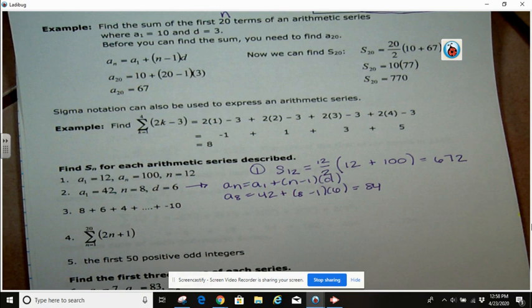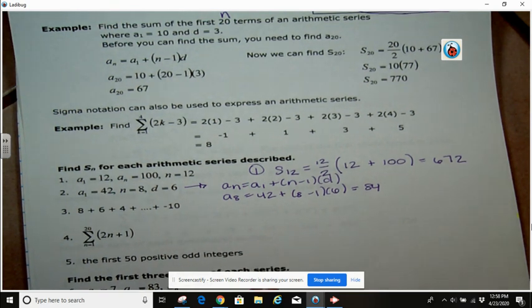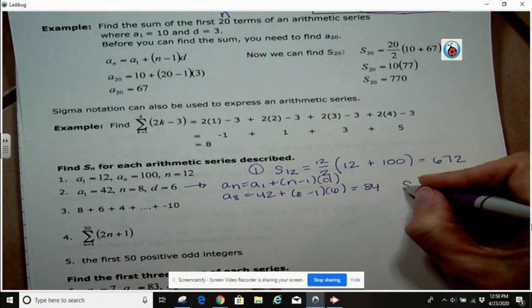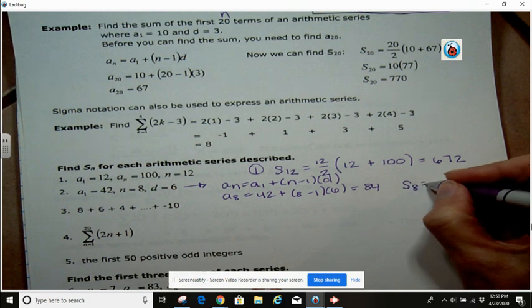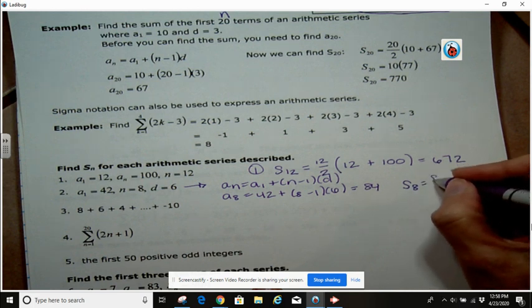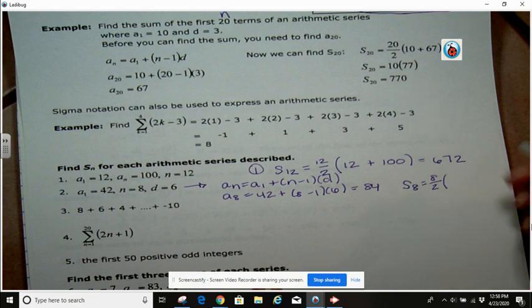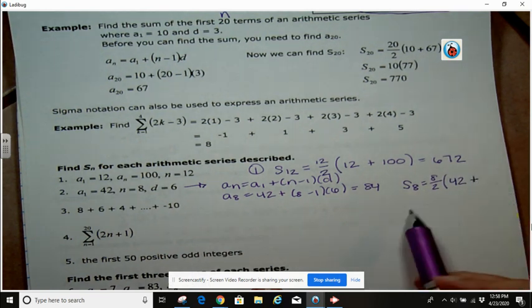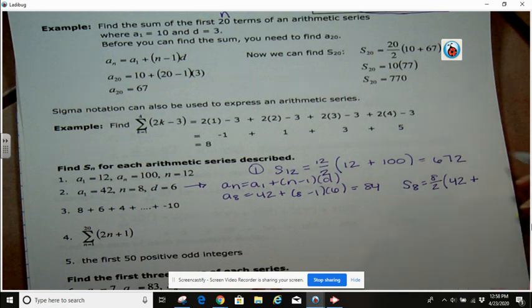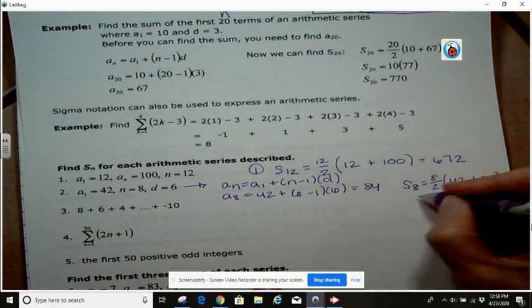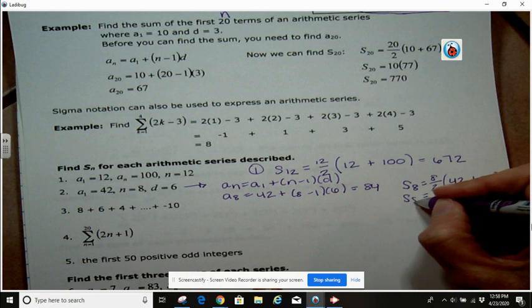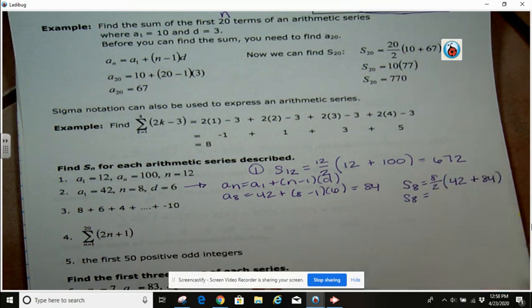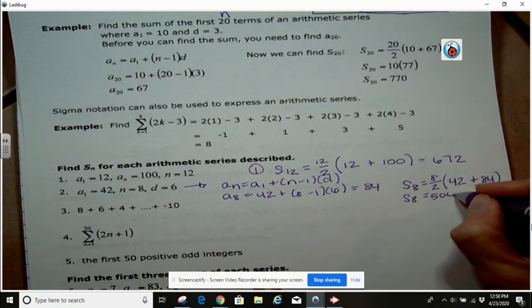Now I have all the pieces of information that I need for the series formula. Now I can find the sum of the first 8 terms. They told me that n was 8, a sub 1 is 42, and now I know that the 8th term is 84. And that allows me to find the sum of the first 8 terms, which is 504.